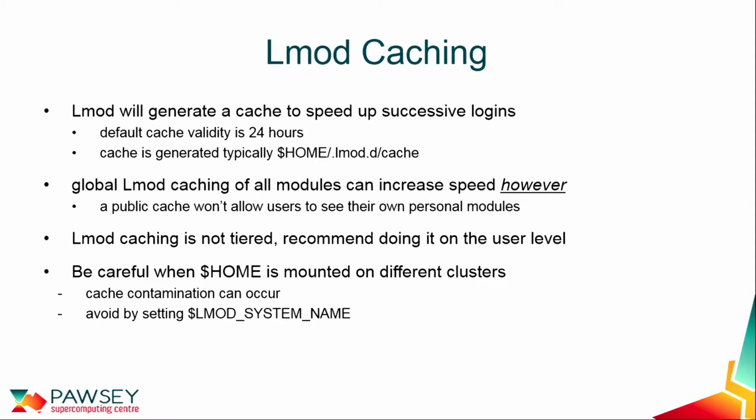So if you want to do caching, get the cache generated at the user level, because the user is exposed to the global module system made viewable by the system, plus their own personal cache. So basically you just have a script or something which they can run to generate their own cache.